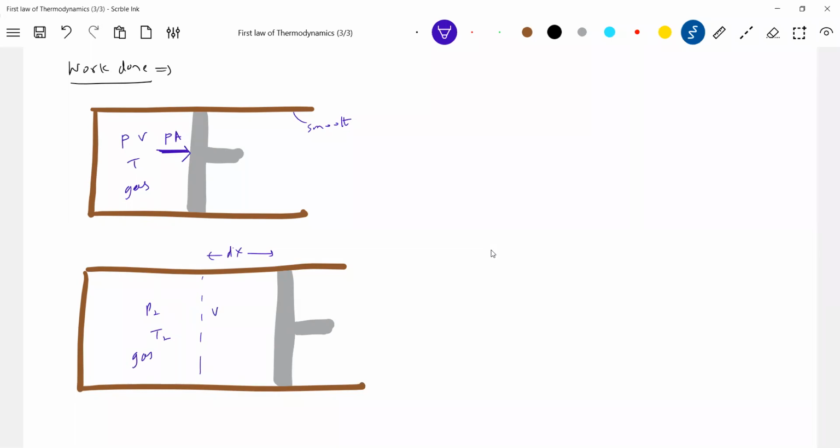The gas will exert force, no? Do all of you agree? Just now in KTG we discussed that the gas will exert a force on the piston. It will exert force on the walls also, but I'm not bothered about the container or the cylinder. I'm bothered about the force acting on the piston.